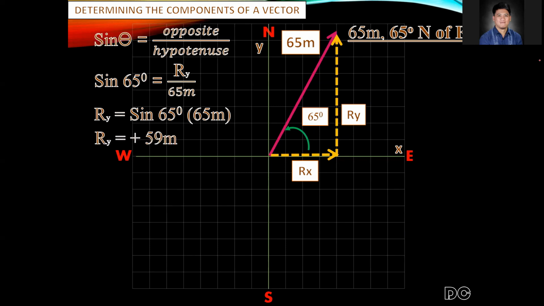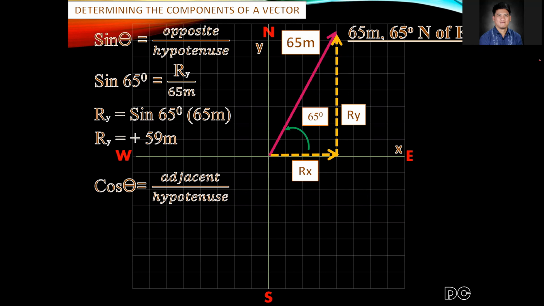And that is equal to positive 59 meters. Take note, the positive sign always indicates if it is positive or negative based on the position of your vector on its quadrant. Since it is on the first quadrant, the y component is also positive. Next is the cosine function, adjacent over hypotenuse.